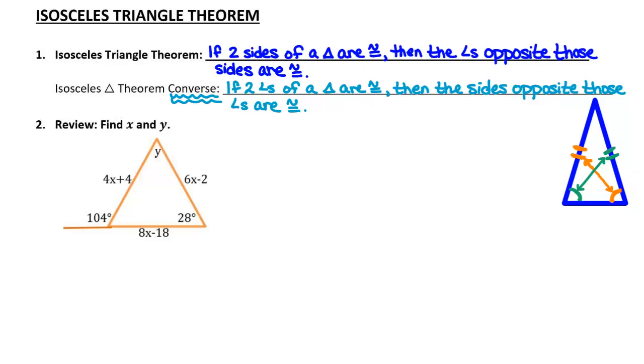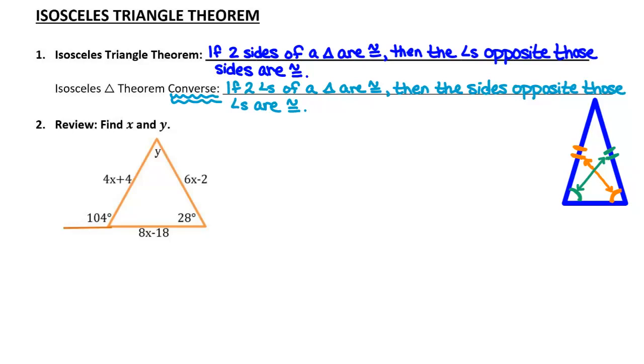Real quick before the bell rings, I want to look at number 2. We're just going to talk about how we would set it up to solve it, but we're not actually going to solve it right now. We're supposed to find x and y here. Which one do you guys want to find first? X. Where is x in the picture? It's in the expressions for all three sides, right?